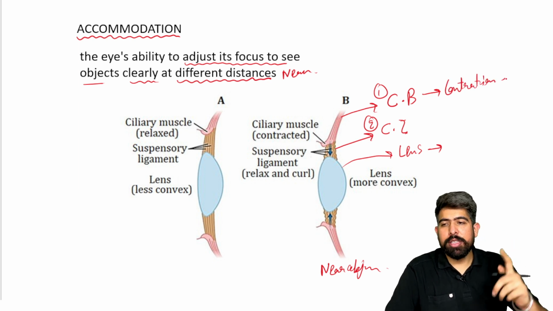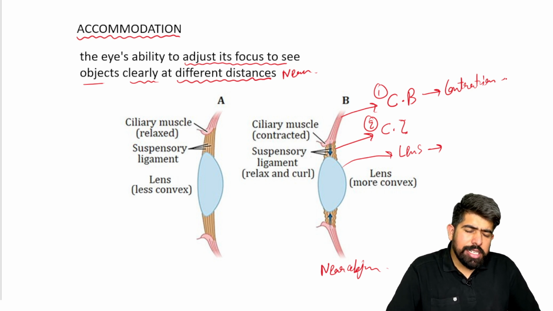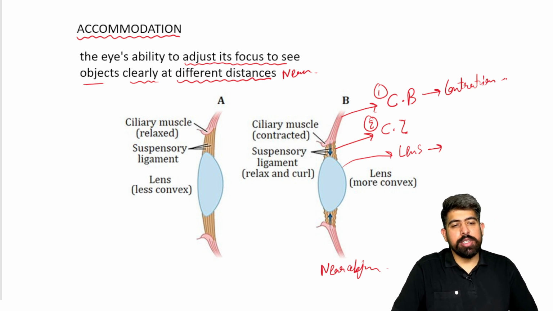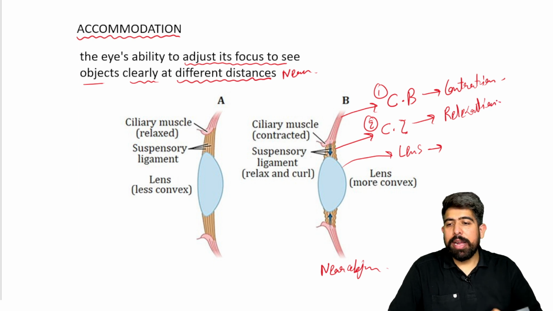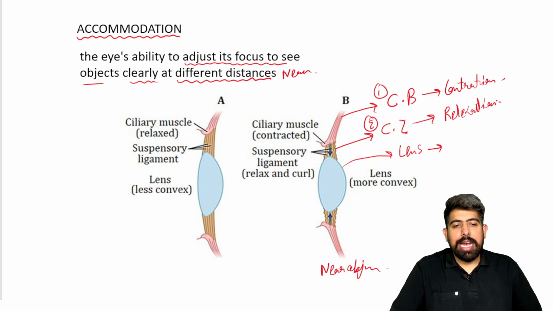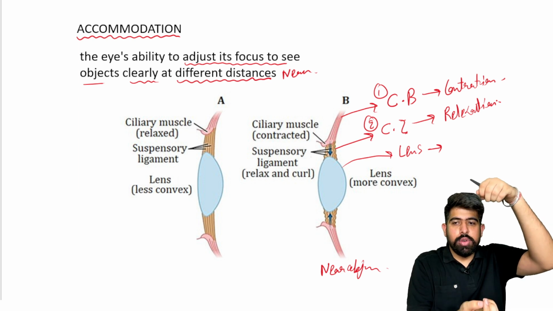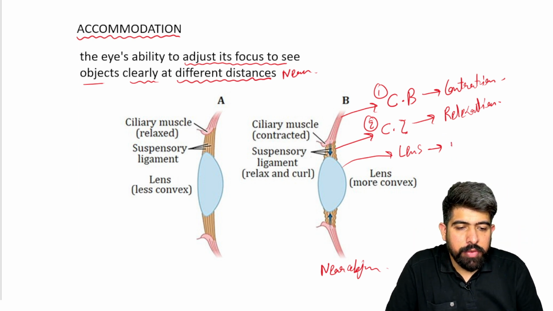And just remember one thing: your ciliary body and the ciliary zonules, or suspensory ligament, are just opposite. If your ciliary body is contracting, your ciliary zonules will relax. As the ciliary zonules relax, your lens will increase its curvature.